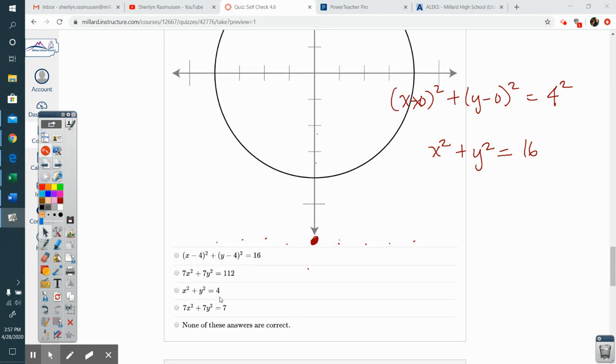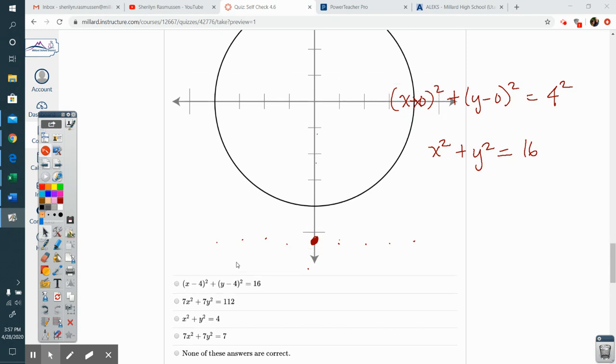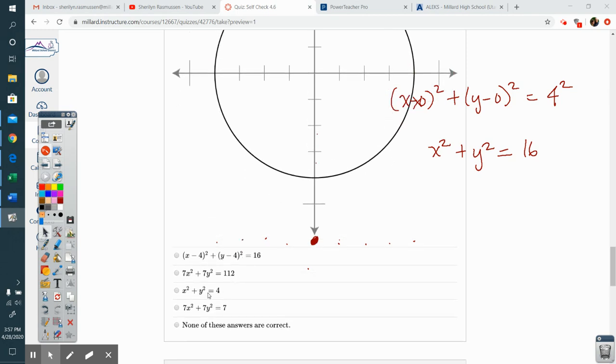So none of these answers are correct because it would be close to being correct, but it has to equal r squared, and r is 4, so it has to be 16.